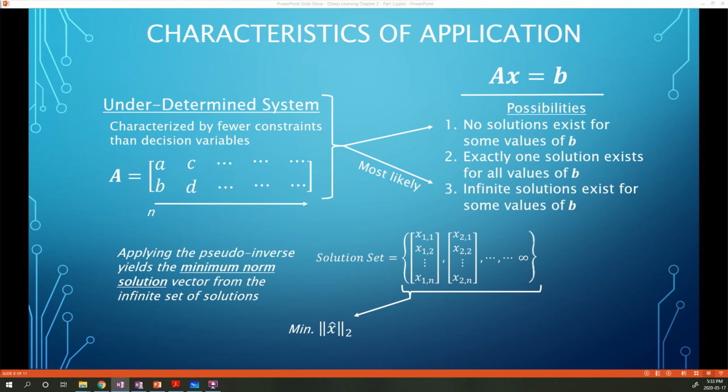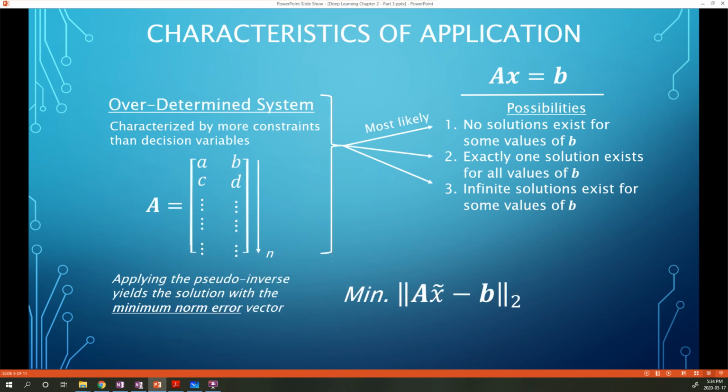For example, if the system of equations represented a physical system, and then the decision variables represented some forces or energy that you apply to the system with the intent of reaching a target state, then of course it's desirable to find the solution that demands the minimum energy, the minimum force to be applied to reach your target state. So that's the kind of solution that this method provides. So it's very handy and helpful. So that's how this method can be applied to an underdetermined matrix.